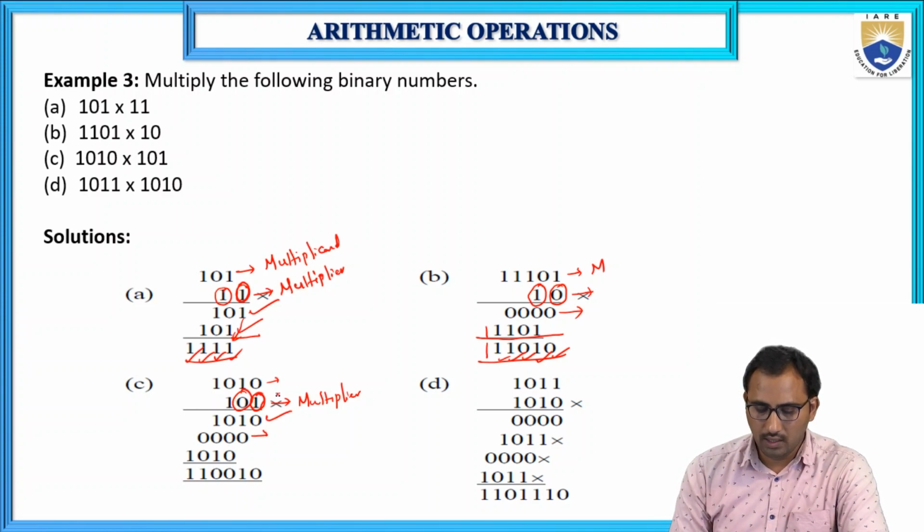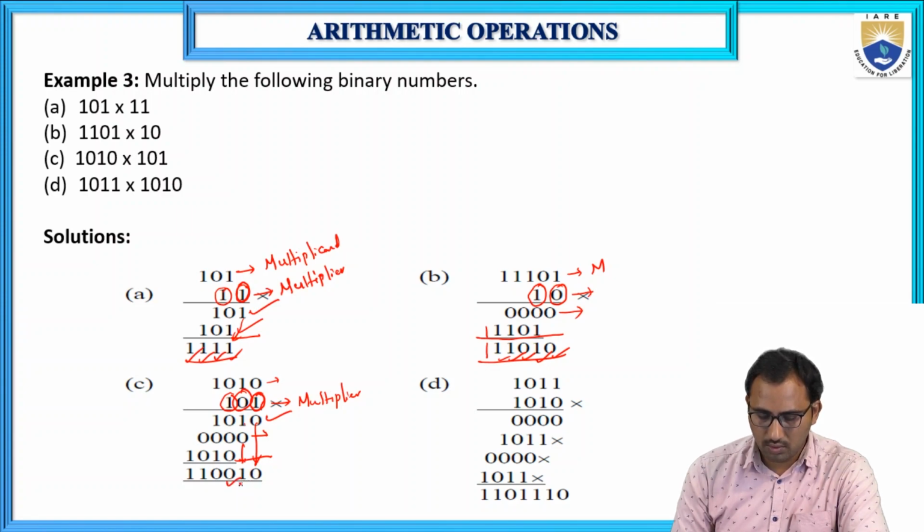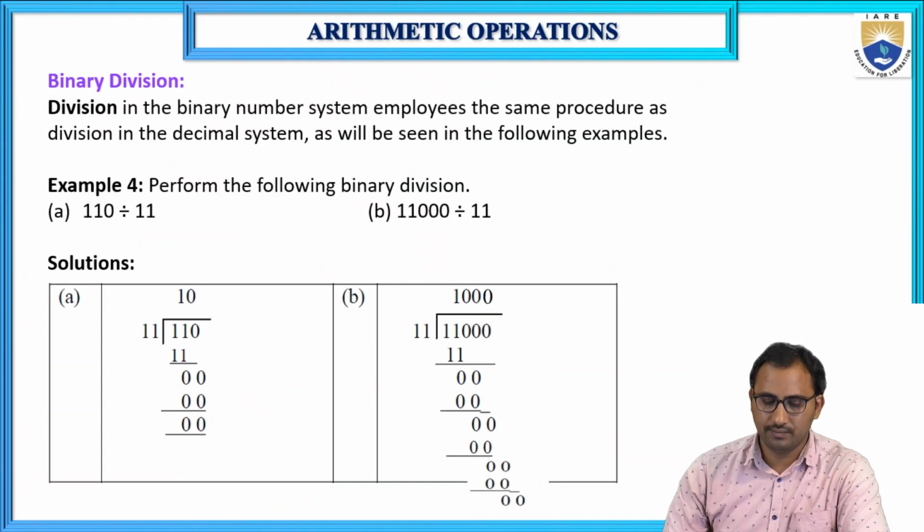Then we multiply with 1 now, and you will get 1010. Now we add all these bits. Here 0, 1 plus 0, you will get 1. Here all zeros. Next 1 plus 1, you will get sum 0 with carry 1. Next here 1, 1. In this way we are performing the binary multiplication.